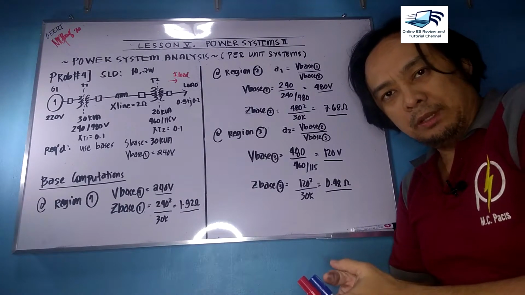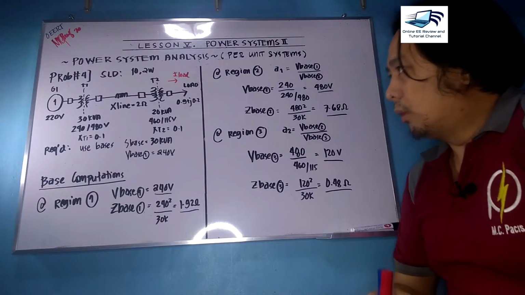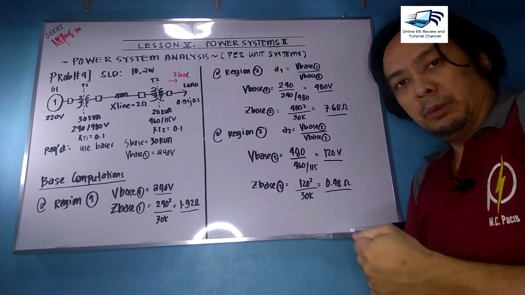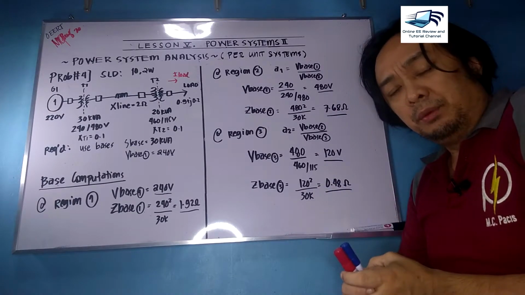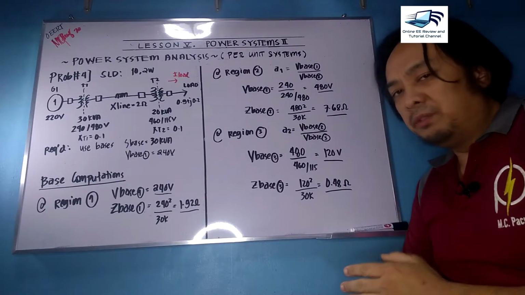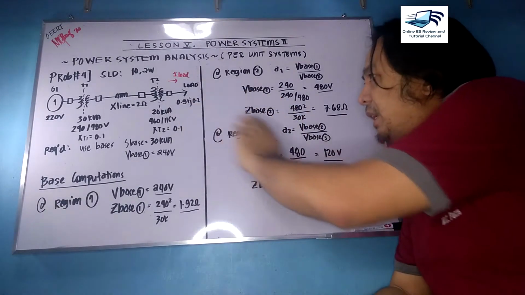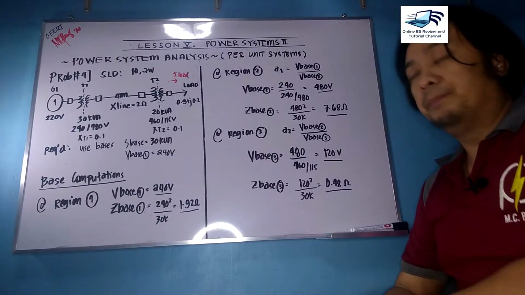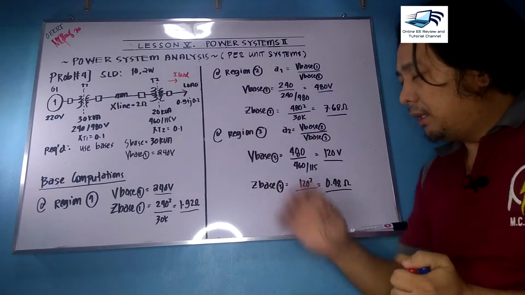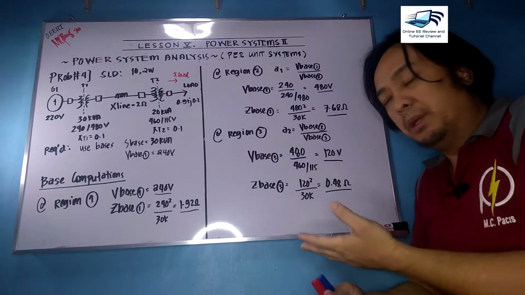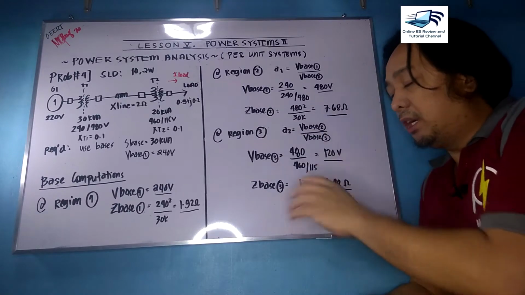Now let us move on to our interesting problem here. We will apply the fundamentals of per unit analysis in solving this single line diagram of a power system. Instead of reading the problem, I already gave the single line diagram.